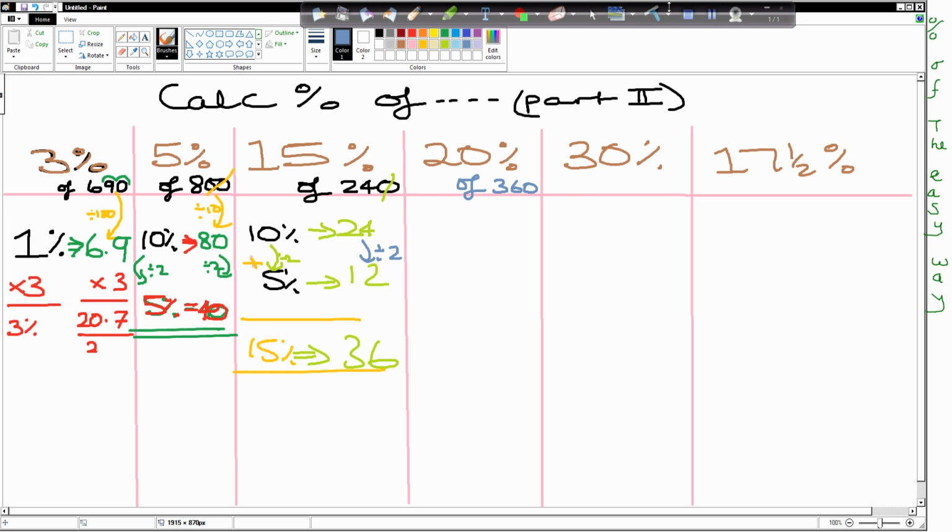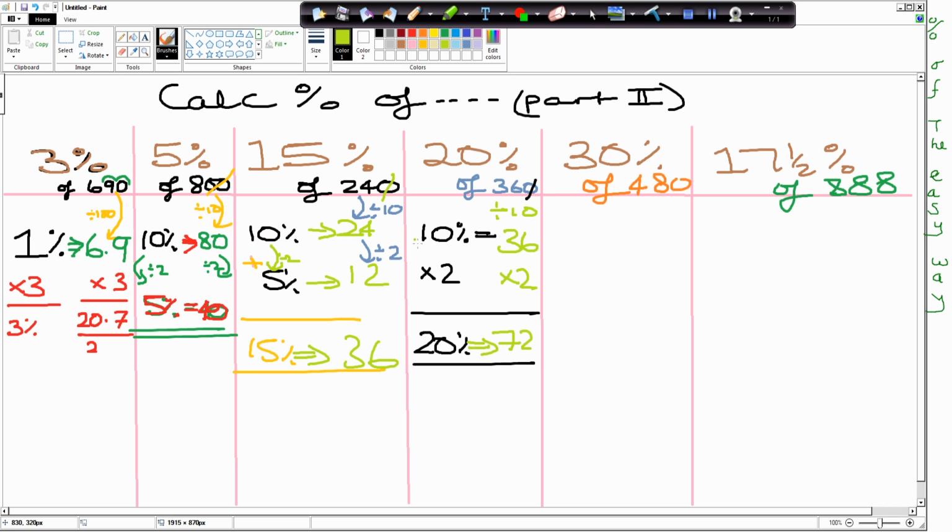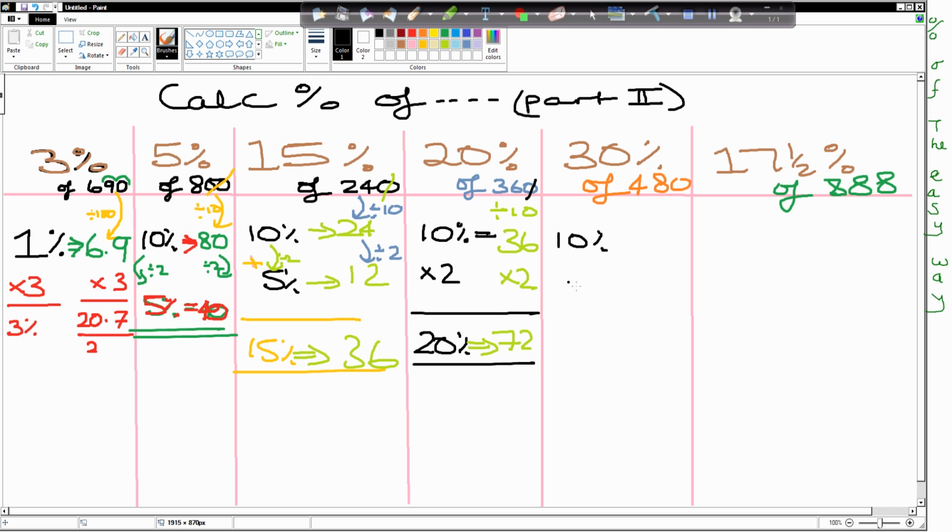So the answer for 20%: to work out 20%, first of all we work out 10%, which is a tenth of 360, which is 36. And then to work out 20% from 10%, we simply double it or just add it again, whichever way. So 36 times 2 will give us 72. Happy with that? Yes. Now to work out 30%, first of all what do we do? We work out 10%, and then we times by 3.